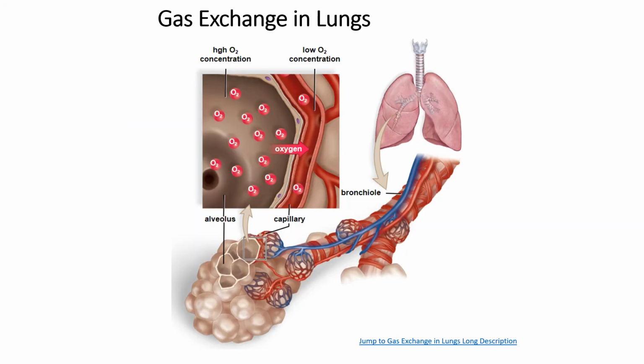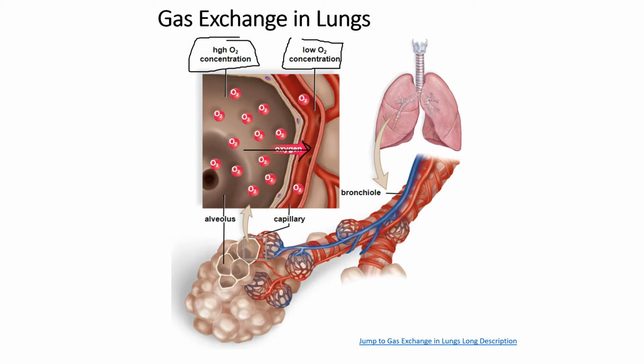We use that to our advantage with breathing. The air we breathe in has a high concentration of oxygen, and our blood has a low concentration of oxygen. So oxygen will move into our blood.